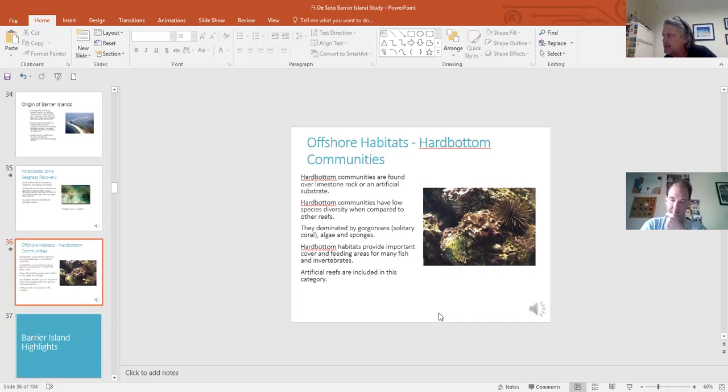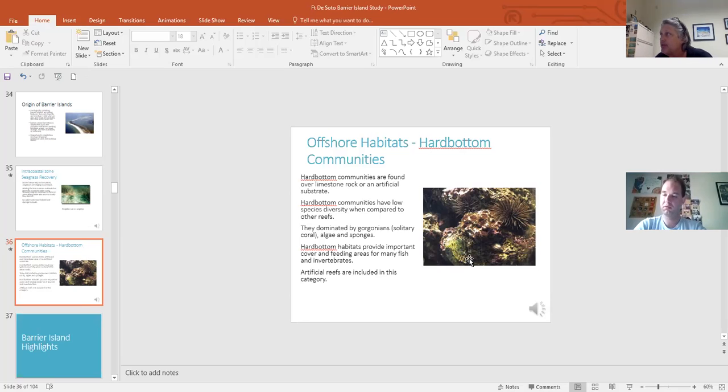Offshore, once you get past all that tidal influence, because we have limestone as our platform, we have what we call Swiss cheese bottoms. That's little outcrops of limestone, and those are hard bottoms. They provide habitat for attachment, and then creatures live all throughout them.